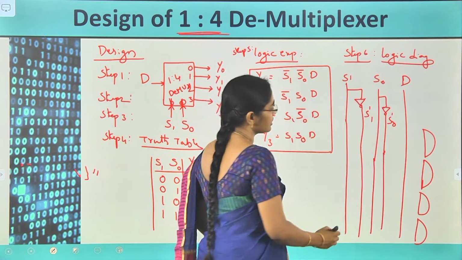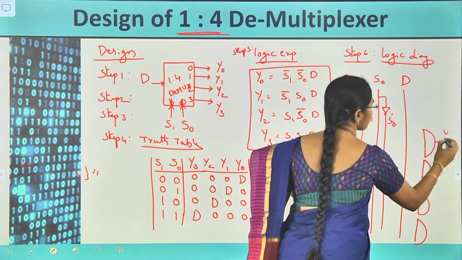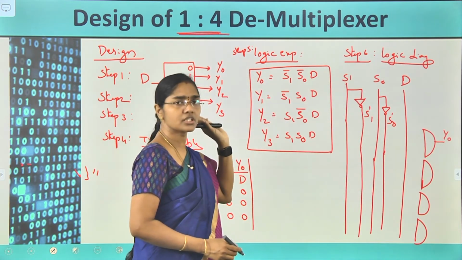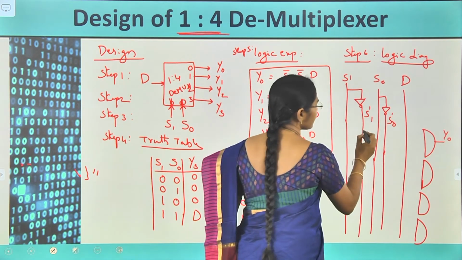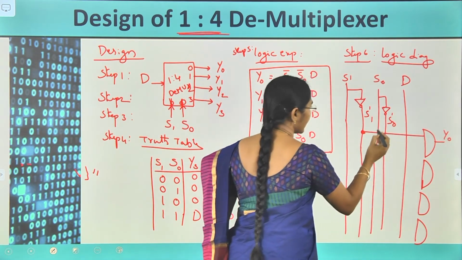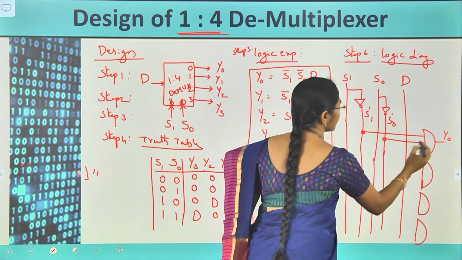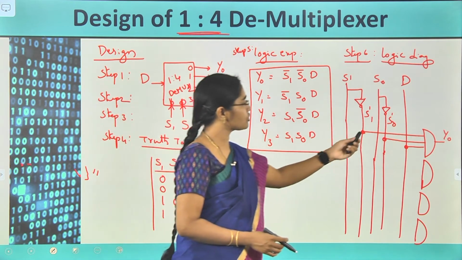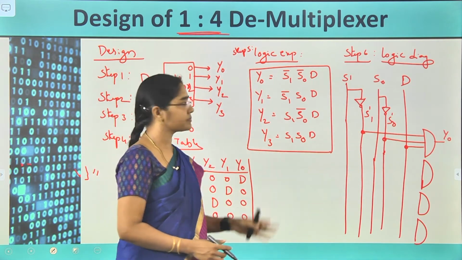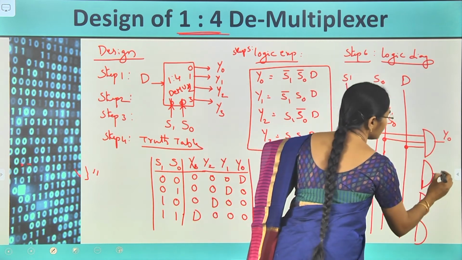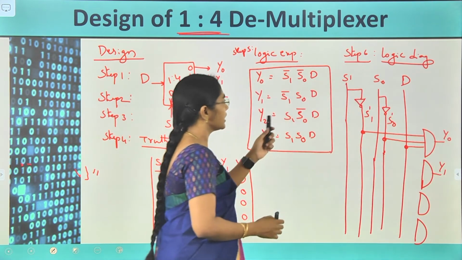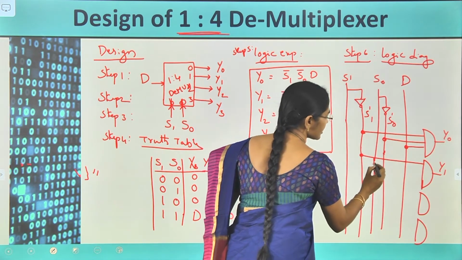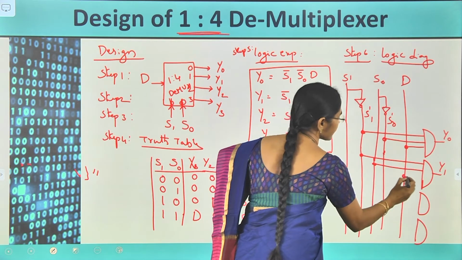First output, let us assume, is Y0. For the Y0 output, what signals are connected? S1 bar signal and S0 bar signal and D. That dot represents the connection, so crossover is not required. Similarly, Y1 output is equal to S1 bar, then S0 signal and D signal.